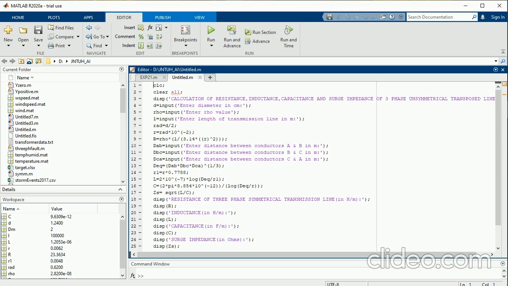Later I calculated the resistance values. Up to here it is the same as our previous program. Now this is unsymmetrical, that means the distance between the conductors will vary. So for each and every conductor I am considering the values. Once I got that, I'm calculating the effective distance.